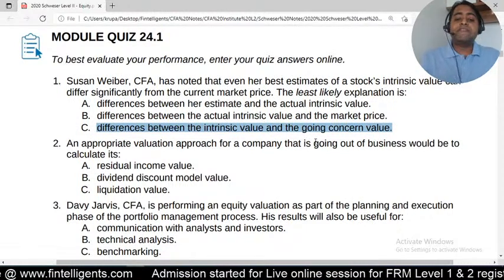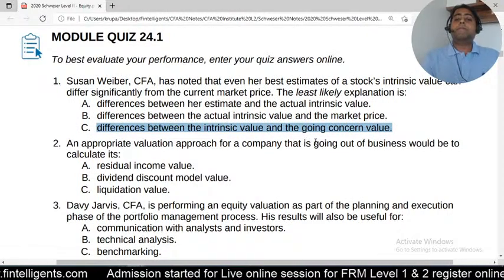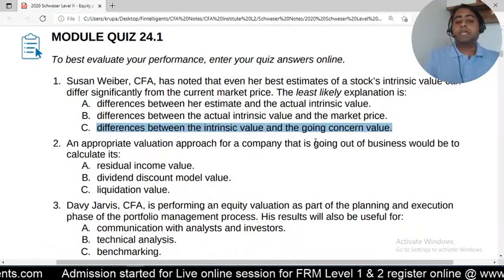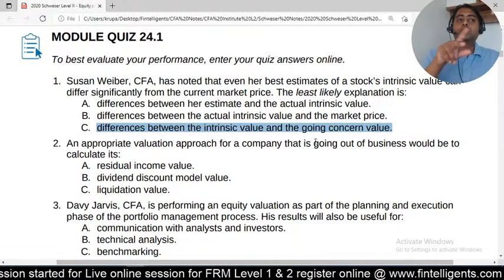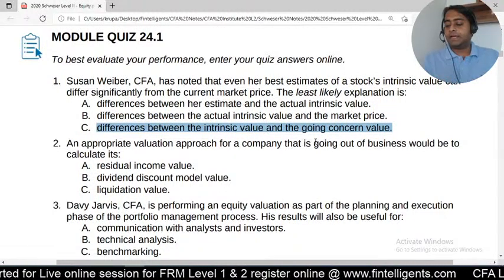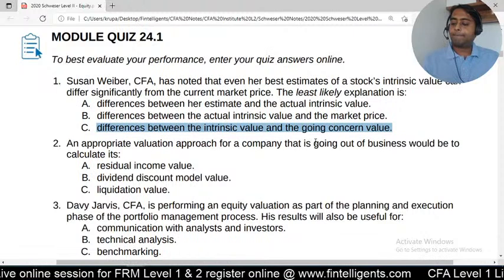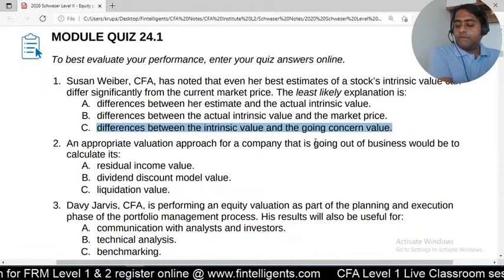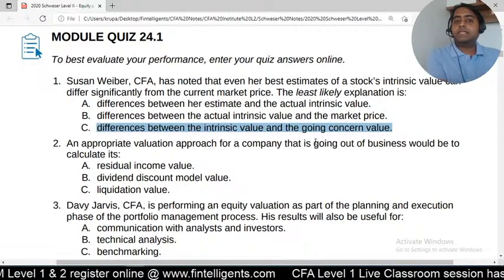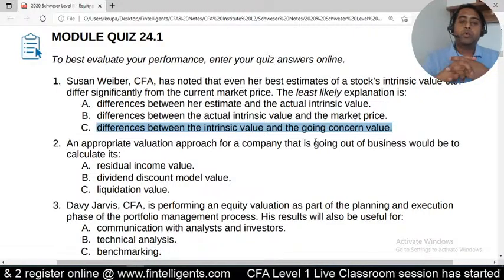An appropriate valuation approach for a company that is going out of business would be to calculate what? What is the answer for the second one? Kindly post your answer as 2.A, 2.B, like that. If the company is going out of business, what value should we look at? Yes, it should be liquidation value.